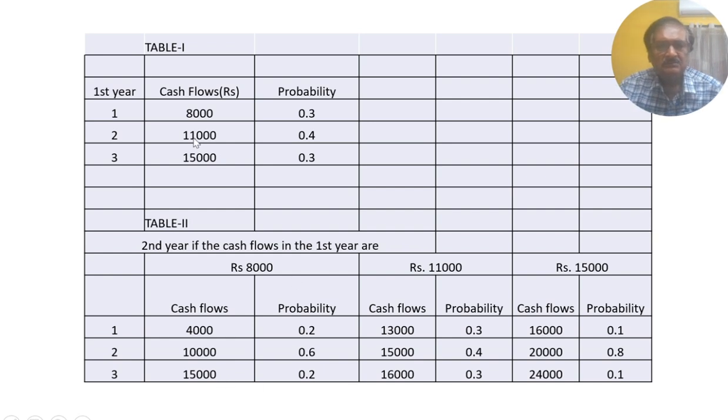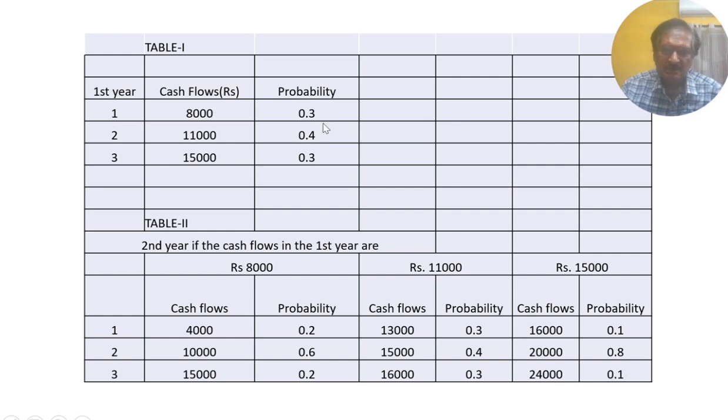If the cash flow is 11,000 in the first year, for the second year the cash flows will be 13,000 with probability 0.3, 15,000 with probability 0.4 and 16,000 with probability 0.3. And if the cash flow for the first year is 15,000, then the cash flows relating to this option will be 16,000 for the second year with probability 0.1, 20,000 with probability 0.8 and 24,000 with probability 0.1.